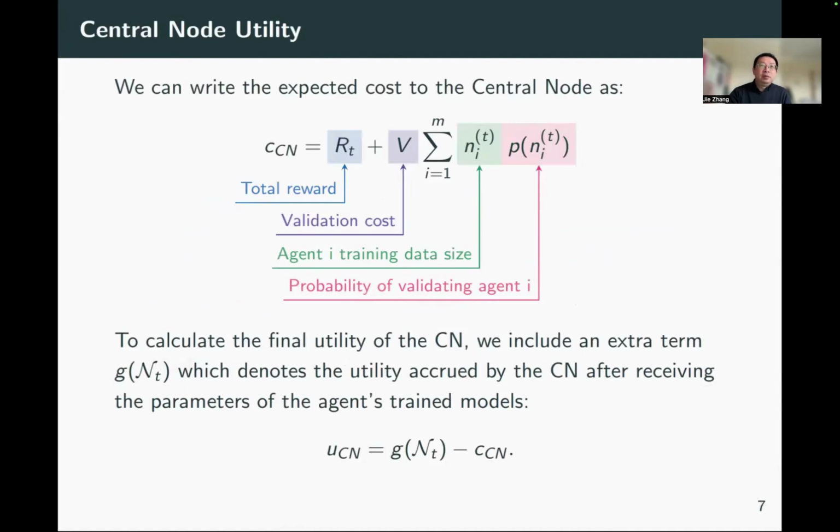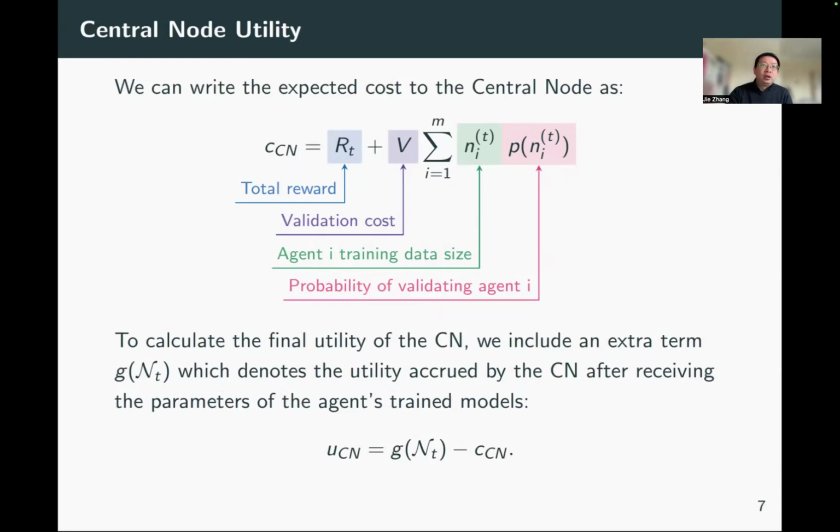And this is multiplied by the sum over all of our agents, of how much data that agent has times the probability of verifying that agent. So this is our expected validation cost. Is this whole term on the right-hand side here?